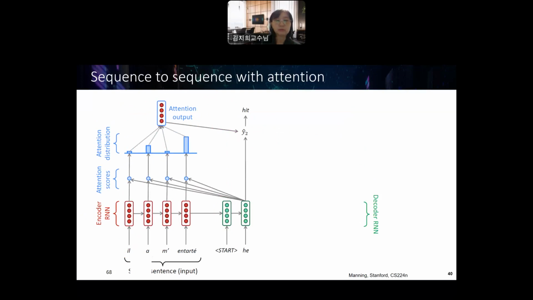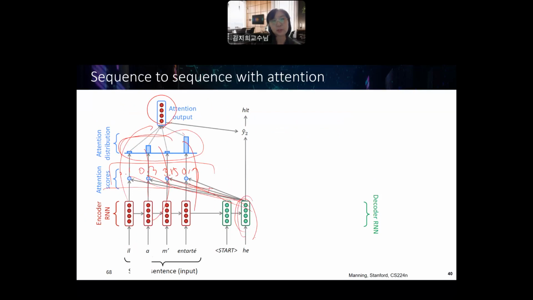When we go to the second state in the decoding, we'll also calculate the attention score. This will be some numbers, like in this case 0.1, 0.3, 0.15, 0.7, or something. We'll make it a probability distribution with the softmax, multiply this with the distribution, and create an attention output.